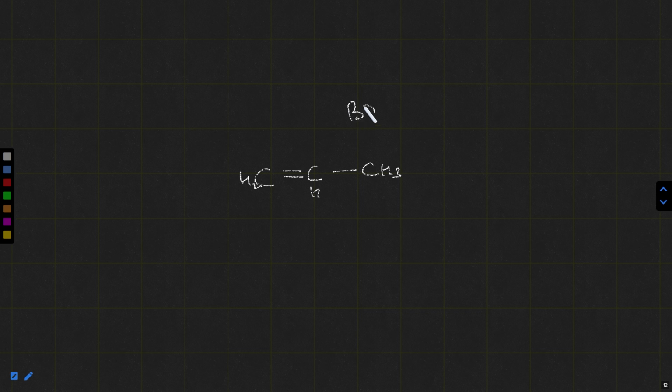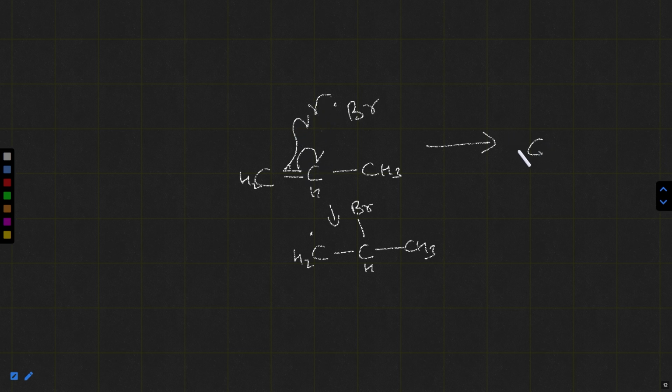we have our Br radical. So either we get this kind of thing, with CH3, CH2 radical, CH, here Br, CH3, this one, or either this one.